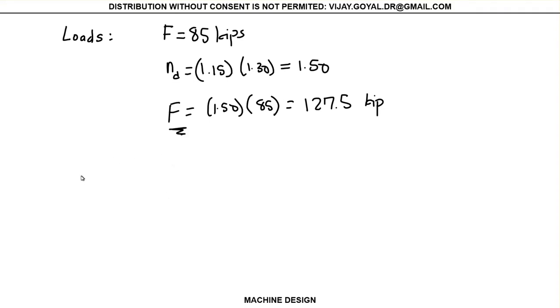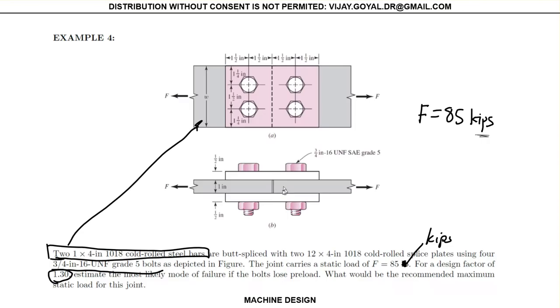Now, the load in the members, this is at the joint. This is the load in the joint, and the load in the members, the steel members. So we have an upper and a lower member. You can see here, I've got an upper member and a lower member.